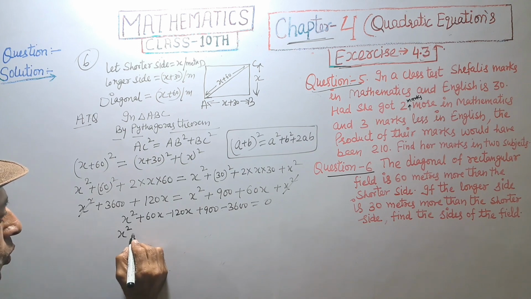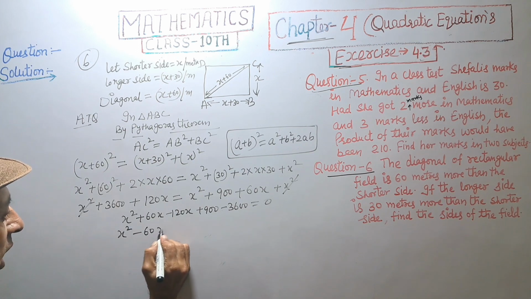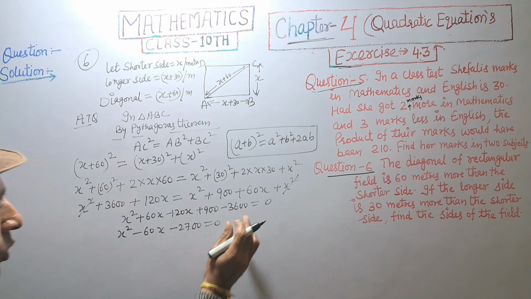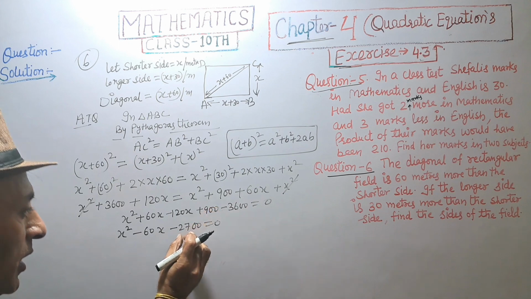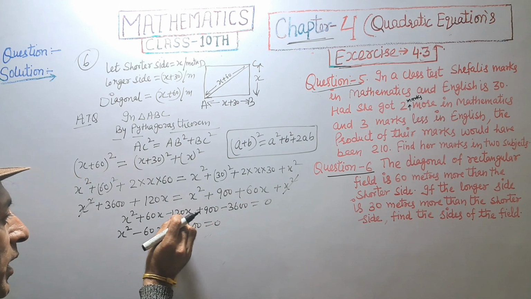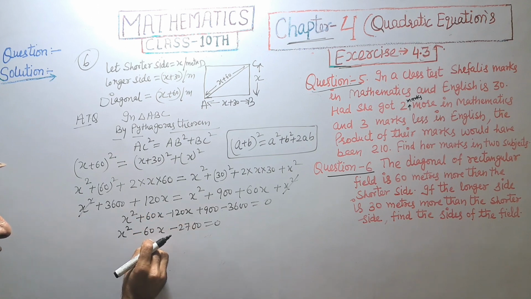So x raised to power 2 minus 60x minus 2700 equal to 0, since 3600 minus 900 is 2700, and 120x minus 60x is 60x.